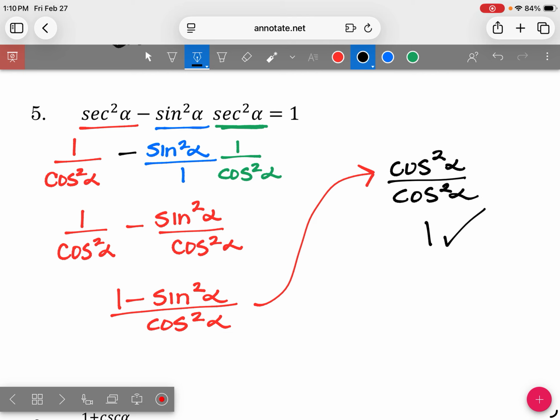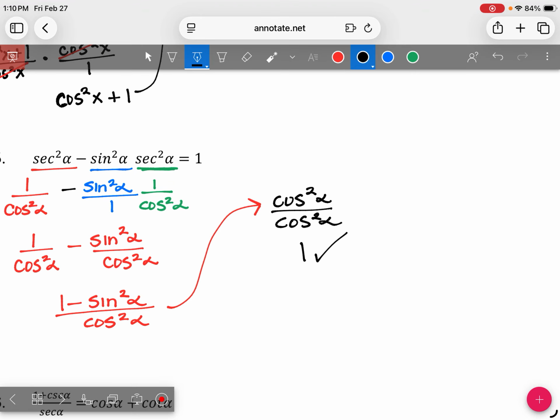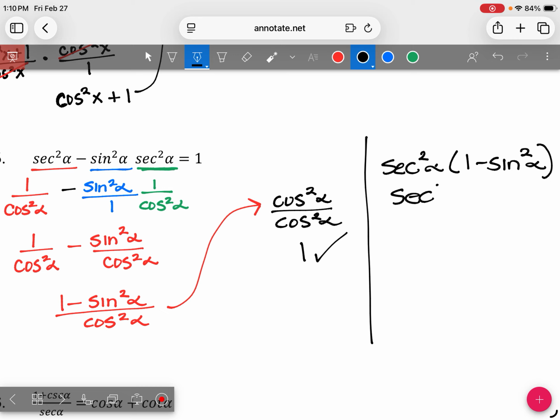The other way was to take out the GCF, but I don't think you all would see that. Did you see that? You did? Oh, well. Okay, because we did a whole lot. The other way would have been to take out the secant squared, and then you would have 1 minus sine squared, which would change to a cosine squared.